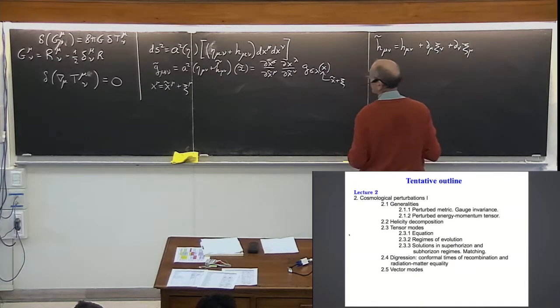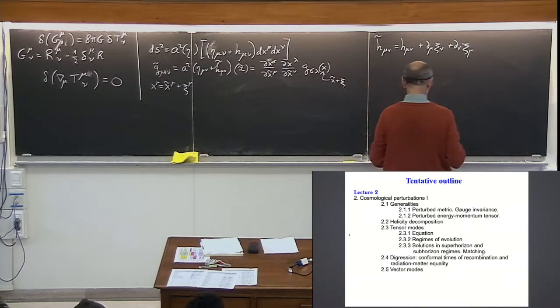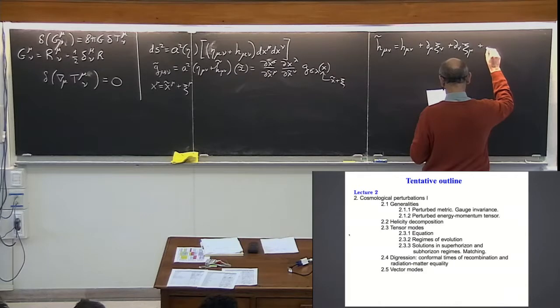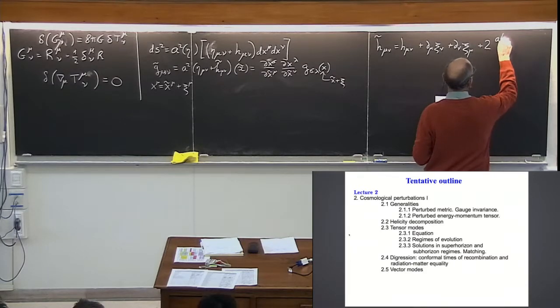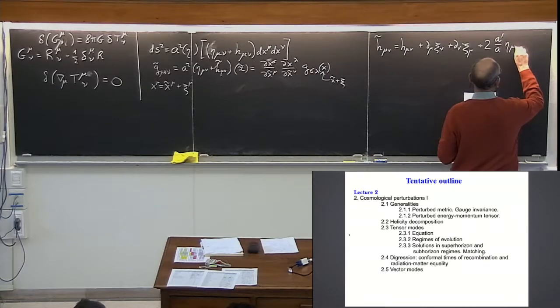And since my a here also depends on coordinate time, then we have an extra term, a prime over a, eta mu nu psi 0.